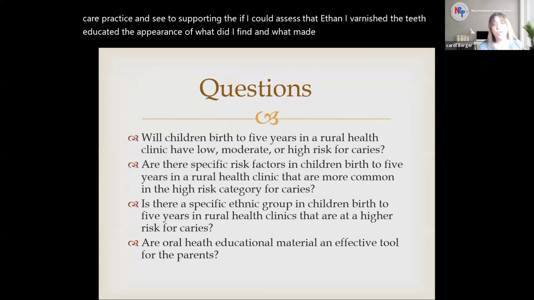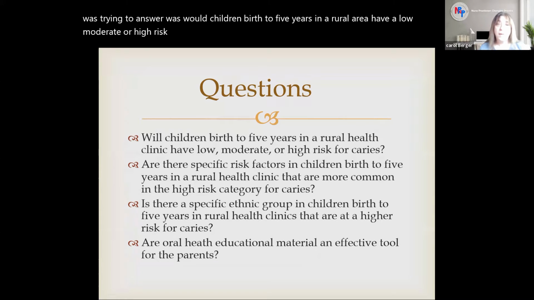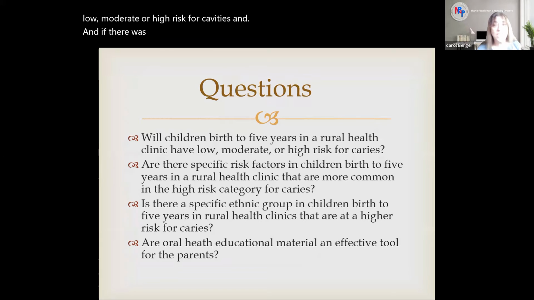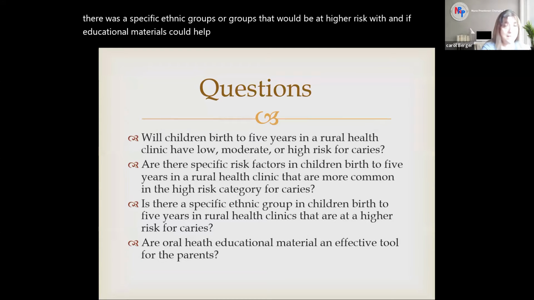The questions I was trying to answer were: would children birth to 5 years in a rural area have a low, moderate, or high risk for cavities? Were there any special risk factors in that area that would account for that? Was there a specific ethnic group or groups that would be at higher risk? And could educational materials help parents have a better experience?